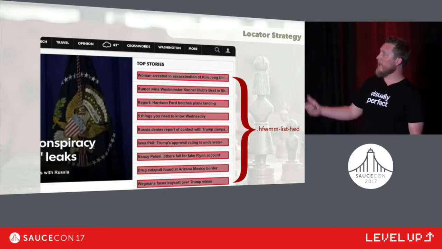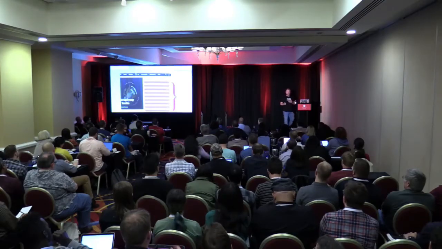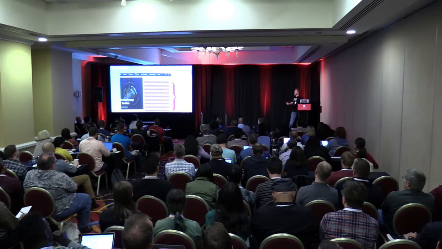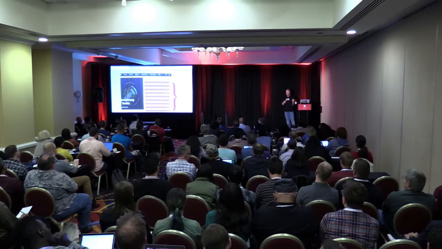But you may need to actually dive into each one of those articles, and you may have to do a really complex unique ID strategy for every new article, because if I come back here tomorrow, those top stories are going to be completely different. But the example is you don't always need unique IDs for everything. Just step back, and for us, this CSS selector is totally fine to count how many top stories are located in this particular module.